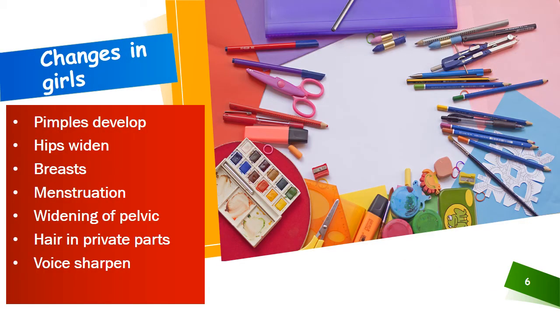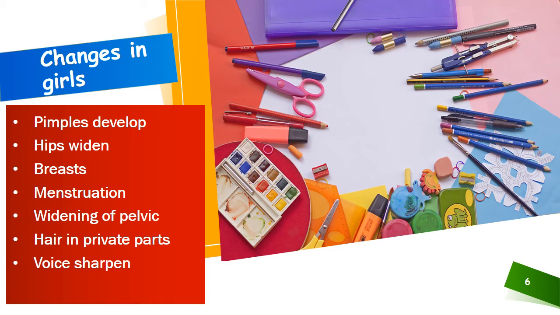So let's look at the changes that girls undergo. The following are the changes we should expect to see in girls. The first one is that pimples will develop, then hips will widen, and breasts will also appear.